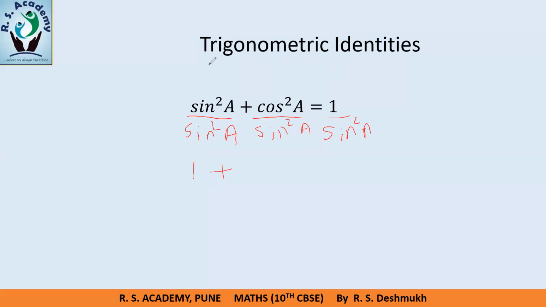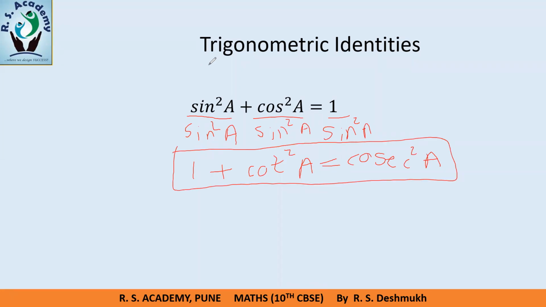Cos square upon sine square is nothing but cot square A, and 1 upon sine square A becomes cosec square A. So this is the second identity: 1 plus cot square A is equal to cosec square A.